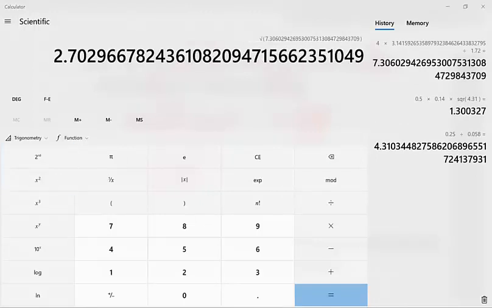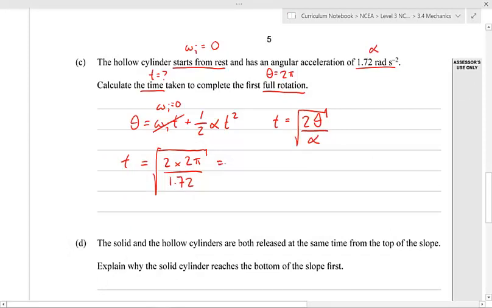It's 2.70 seconds. Once you know which four quantities you're trying to work out, all of the kinematic equations are given on your formula sheet, so you just need to figure out which one involves those four quantities.